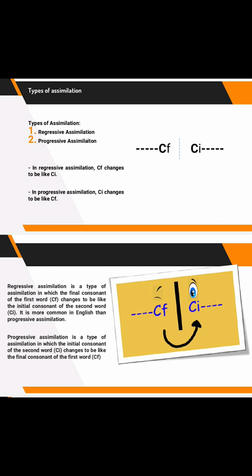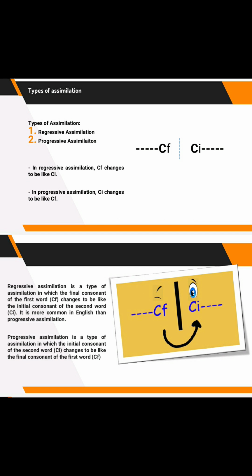This means we have 2 types of assimilation: regressive assimilation, when CF changes to be like CI, and progressive assimilation, when CI changes to be like CF. If CF changes to be like CI, whether in place, manner or voicing, it's regressive assimilation. If CI changes to be like CF, it's progressive assimilation.